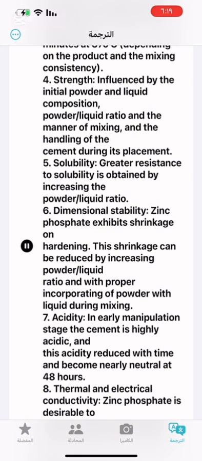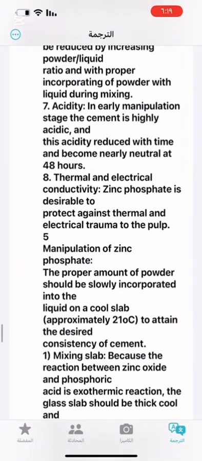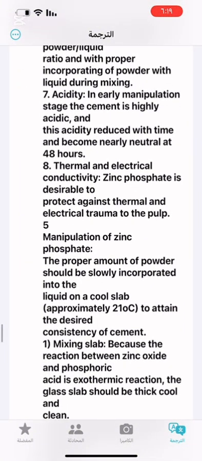Zinc phosphate exhibits shrinkage on hardening. This shrinkage can be reduced by increasing powder-liquid ratio and with proper incorporation of powder with liquid during mixing. 7. Acidity. In the early manipulation stage, the cement is highly acidic and this acidity is reduced with time and becomes nearly neutral at 48 hours.